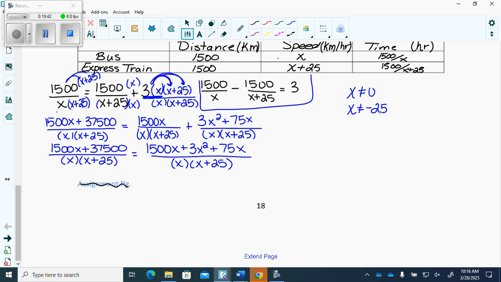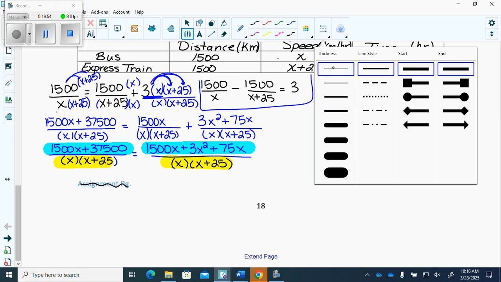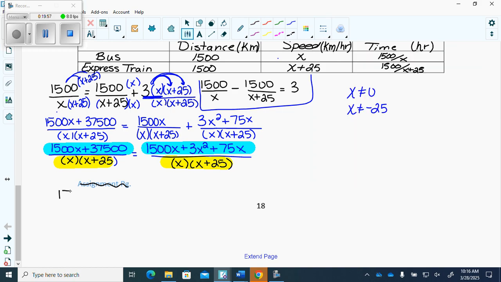Now, our denominators are equal. Remember we did this? If these are equal, then we can set these equal. So we're going to get 1,500x, they will cancel, yep, you are correct. 37,500 equals 1,500x plus 3x squared plus 75x.